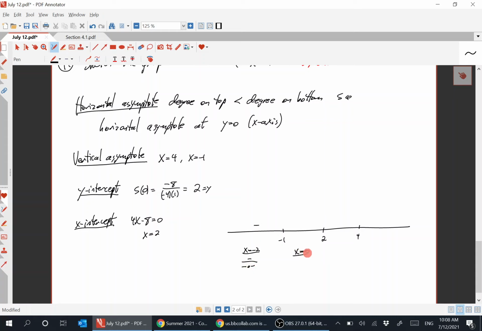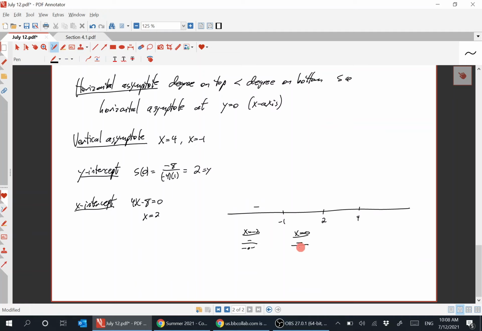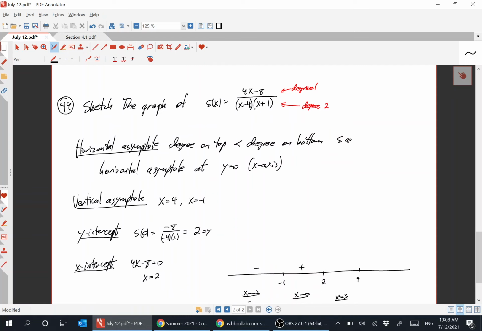Here at x equal to 0, this is negative, negative, positive. So we have negative over negative times positive. So the whole thing is positive here. Between 2 and 4, at 3, 12 minus 8 is positive.